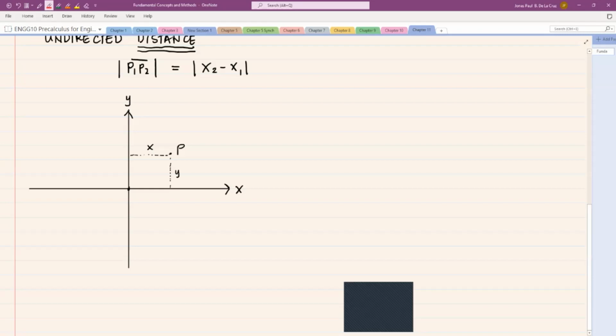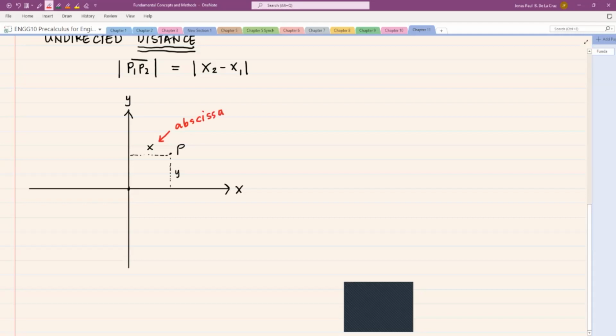Okay? Itong x na to, this is the x-coordinate, this is what we call the abscissa. Ano ang spelling sa abscissa? Wait lang. Double S. C-S-S-A.